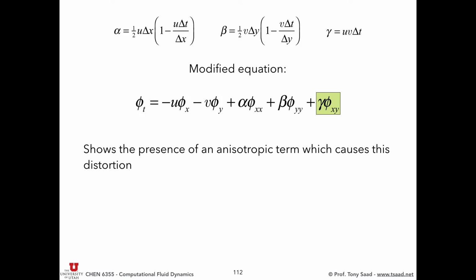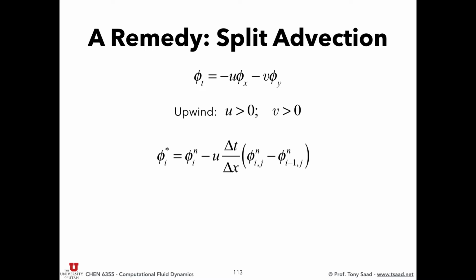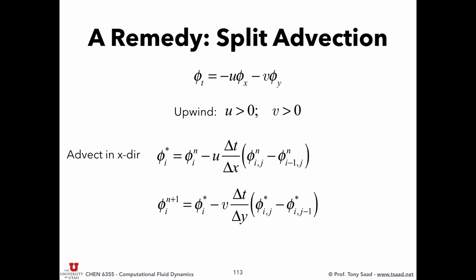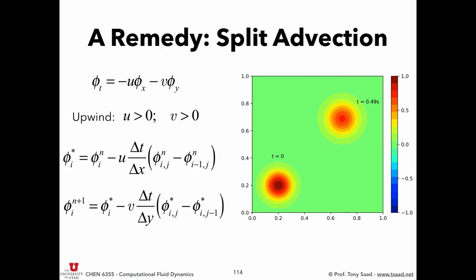So how can we fix this? Well, let's split advection. What we do in this scheme is a very simple idea. You first advect in the x direction, and then you advect in the y direction using the values from the x direction, and this is what you get.